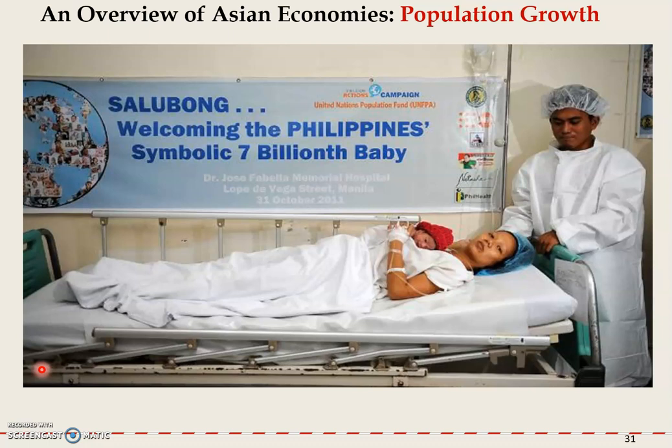When we look at Asia, as we said before when we talked about the market size or the extension of the market, we already mentioned that Asia is the most populous region, especially the East, South, and Southeast Asian economies.